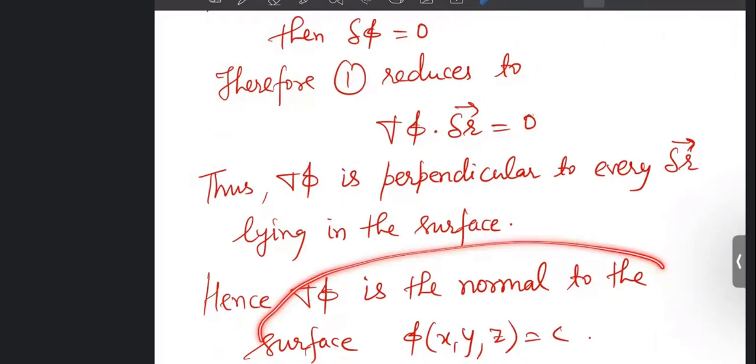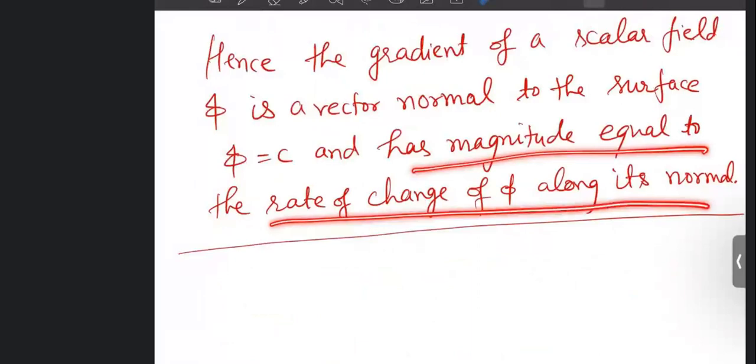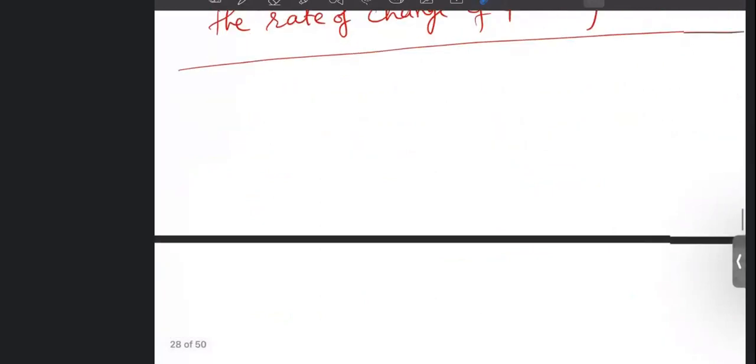And second point, its magnitude is equal to the rate of change of φ along its normal. This completes the physical significance of the gradient of a scalar point function, or you can say the del of φ, where φ is a scalar point function.